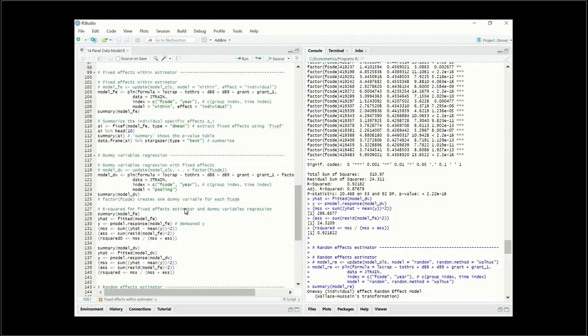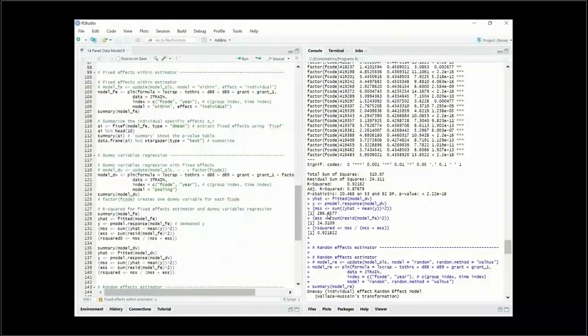And so we see that the variation in the dependent variable that we had before of 287 is only 7 when we demean the data. And this is the reason why we cannot explain a lot of the variation with the fixed effects within estimator.